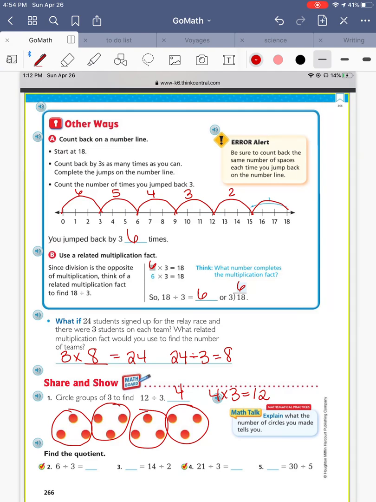6 divided by 3. So if I needed to check myself, I can draw 6 circles and circle groups of 3, which gives me 2 groups. 14 divided by 2. You can draw circles if you need to.